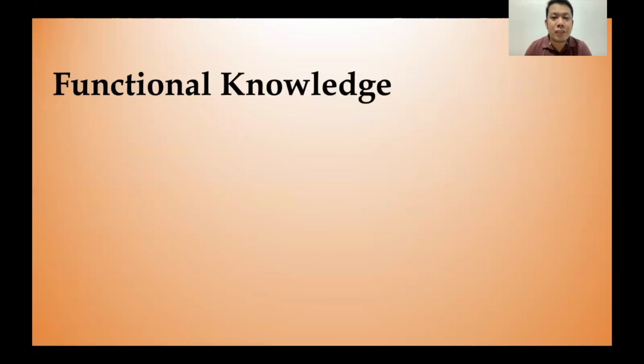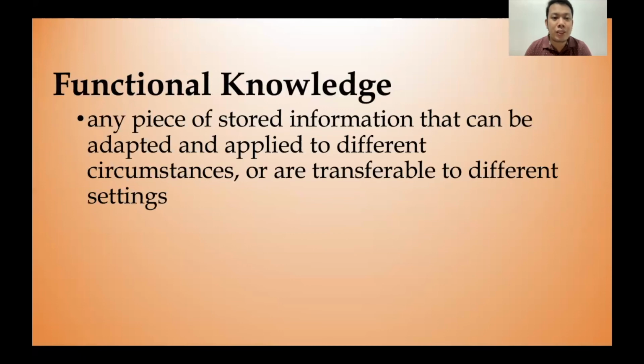So let us now look into functional knowledge. Any piece of stored information that can be adapted and applied to different circumstances, or is transferable to different settings. We have to accept the fact that there is knowledge or information that is only applicable to a particular field.